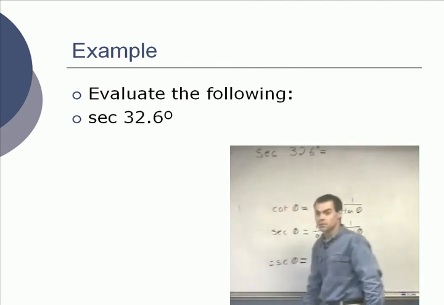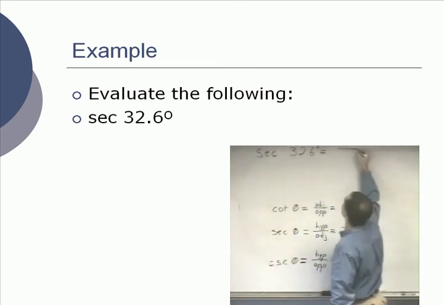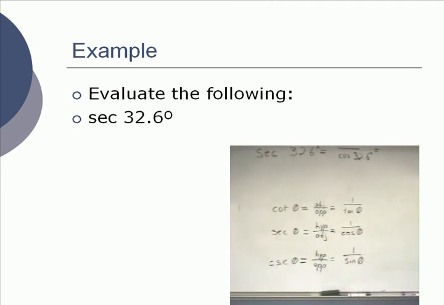Secant of 32.6 degrees. There's no secant button on the calculator, so we need to find what's the reciprocal of the secant function? Cosine. So that's going to be the same as 1 over the cosine of 32.6 degrees. Now, a calculator trick. If you have a graphing calculator or a regular calculator, you've got a reciprocal button on there. Use it. There's no need to type 1 divided by, though you can.